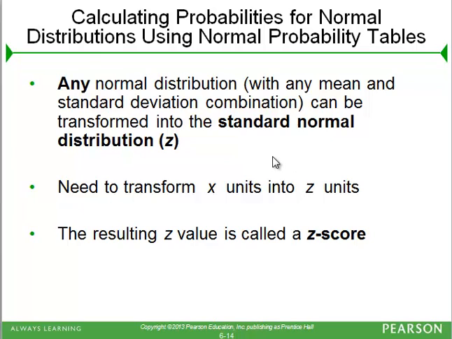It means we are going to convert or transform any normal probability distribution, with any mean and standard deviation combination, into a standard normal distribution. Then we can use the table I just mentioned, the standard normal distribution table, to find the probabilities.